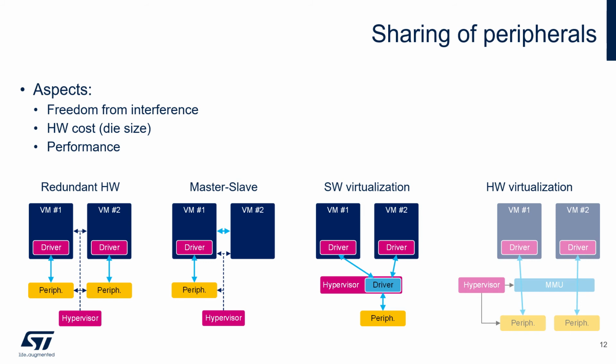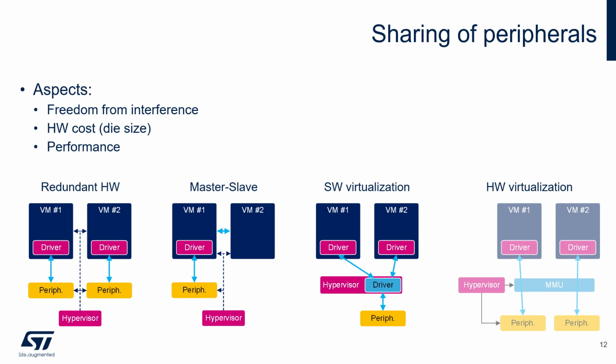Then we come again to the master-slave scenario, but in this case with a type 1 hypervisor. And that means it's not only an API, and the driver is in the virtual machine itself. This saves die size, but suffers from less freedom from interference and a little bit of performance.